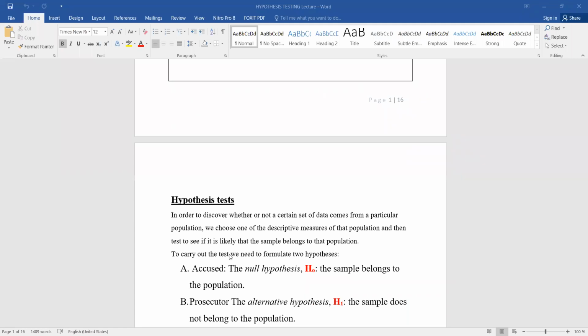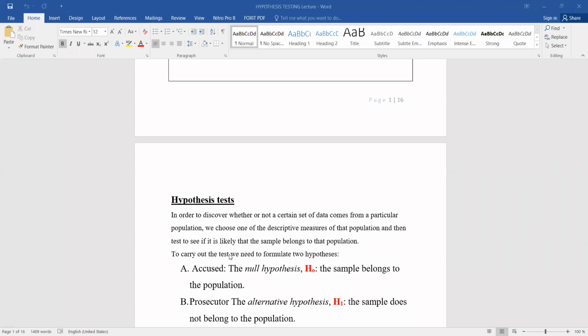For example, you may say that in a BCom class, on average, students are aged 30 years.